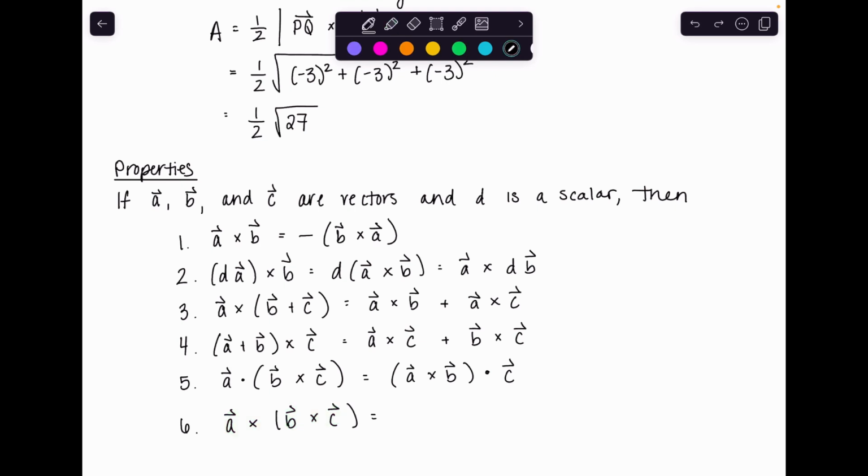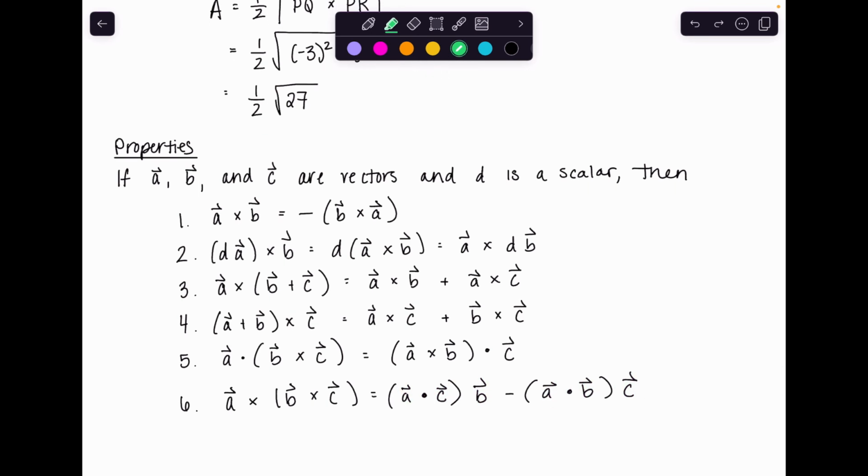So we can actually rewrite this as A dot C, which is a scalar, times the vector B, minus A dot B times the vector C. So these two are going to be scalar multiples of B and C, and then when we do that combination of the two, the result is still a vector. So kind of an interesting property that ends up holding.